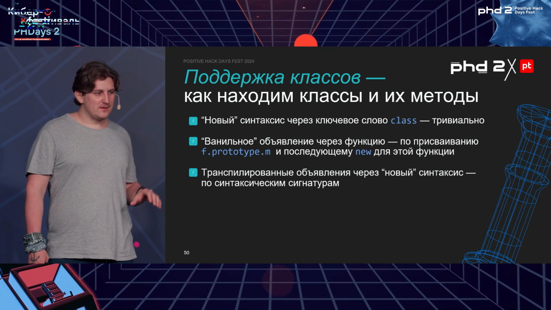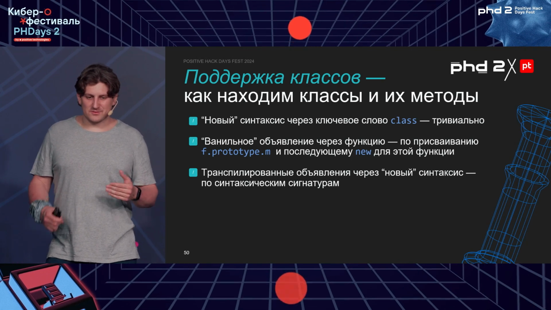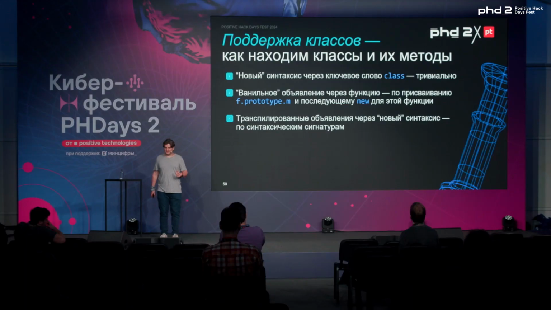So let's start with the modern syntax for JavaScript. We can use the keyword class, and that would be trivial. For different classes, there would be some specialized syntax, and it's obviously easy to analyze. It's something you can easily see in the code. So it's naturally very easy for the analyzer to identify the class and identify the methods associated with it. However, such syntax is a relatively recent addition to JavaScript.